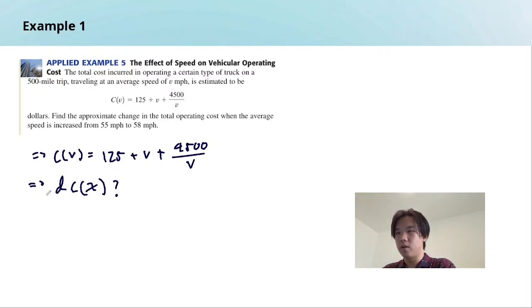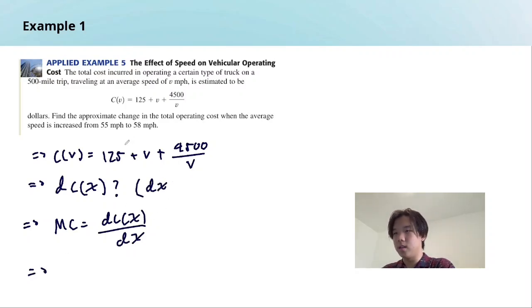So from the formula of marginal cost, which is the differentiation dC(x) over dx, dx is the change of the average speed as it increases from 55 to 58. So we will subtract 55 from 58 to get 3 miles per hour.